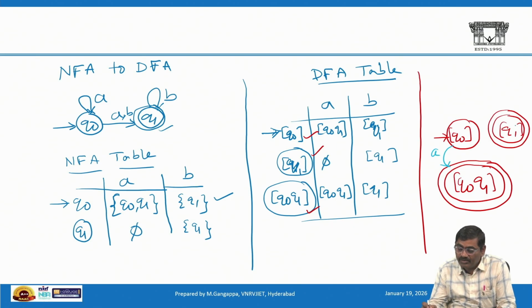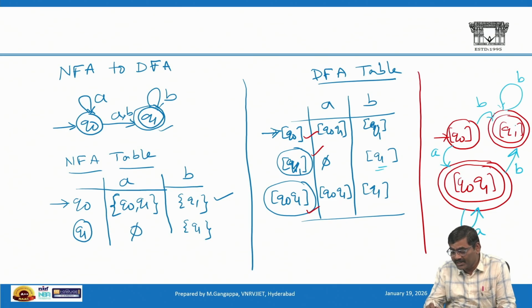And Q0 on B goes to Q1. Like this we can mark the edges. Q1 on A, there is no transition. Q1 on B, there is a transition to Q1, that is a self loop. Q0, Q1 on A goes to Q0, Q1, this is a self loop. Q0, Q1 on B goes to Q1 as the next state.